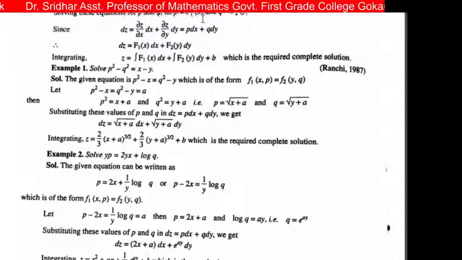Now solving these equations for p and q: first we take the first term, that is f1 of x, p equal to a, and solve that for p. Then we get the first solution as p is equal to f1 of x. Next we take the second equality, f2 of y, q is equal to a, and solve for q, then we get q is equal to f2 of y.